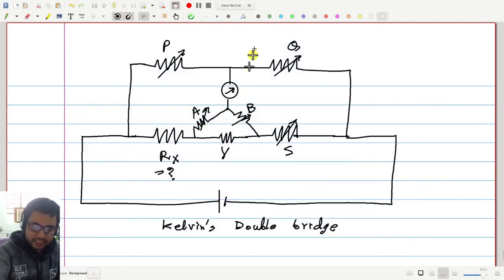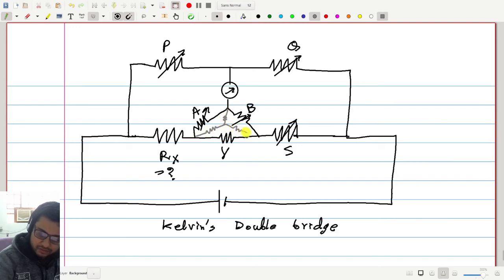To convert this into a Wheatstone bridge, I will use a star delta conversion. There was a delta, and now I am going to convert this into a star equivalent circuit basically.